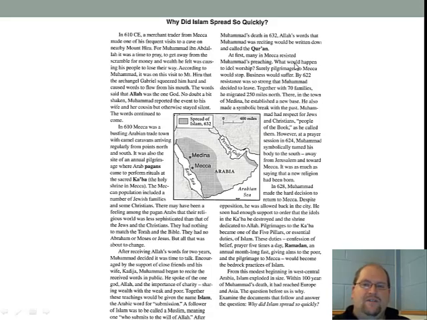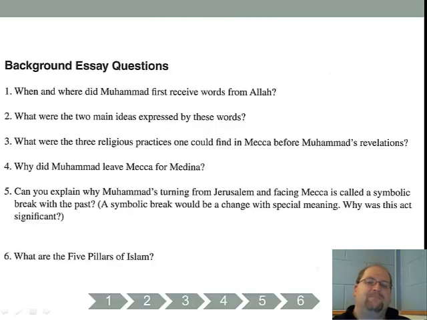If you can find it here, the first paragraph on the second column, by 622, resistance was so strong that Muhammad decided to leave. So the reason was that there was so much resistance to people accepting his word. So he decided to leave, to get stronger, create this base station in Medina, and eventually, as you continue reading, he did come back later on.